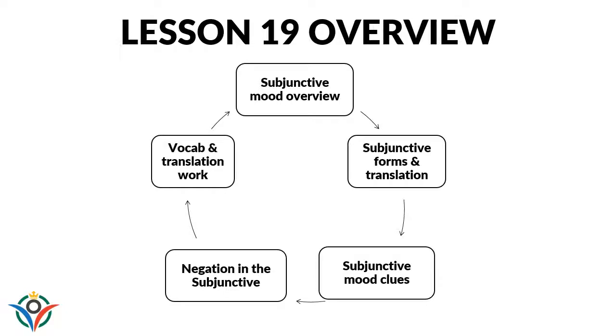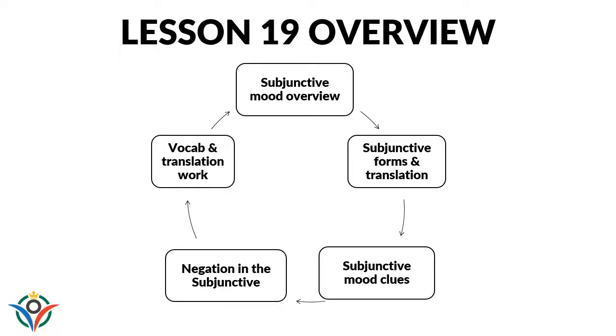I really cannot fully articulate how excited I am about today's lesson because today we are looking at a new mood, specifically the subjunctive mood. So we're going to talk about the subjunctive mood, do an overview. We're also going to learn about the various forms and how to translate the various tenses.